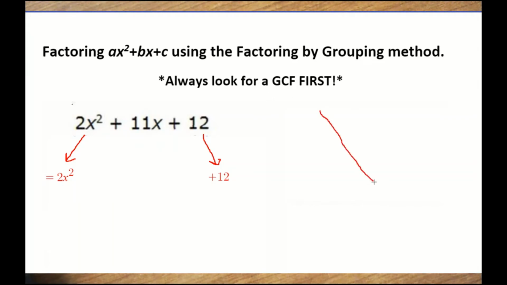And it's going to come back to, of course, our big friend, the big X. We're going to put 11 on the bottom, but we're going to be careful here. Just like in the previous types of problems, you're still putting b on the bottom, but on top, you're actually going to put not just the 12 here, but 12 times 2. So the leading coefficient times the constant. So I'm going to put 24 up here.